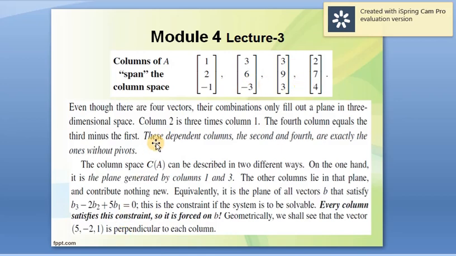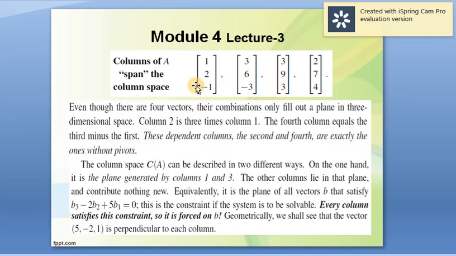When we think of the plane in this linear algebraic method, the column space C of A can be described in two different ways. On the one hand, it is the plane generated by columns 1 and 3, because these two are independent, and the other columns lie in that plane: the second is a multiple of the first, and the fourth is generated by linear combinations of the first and third.